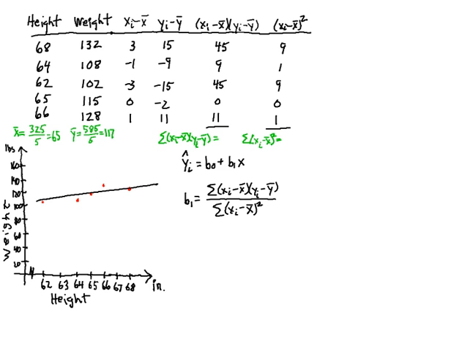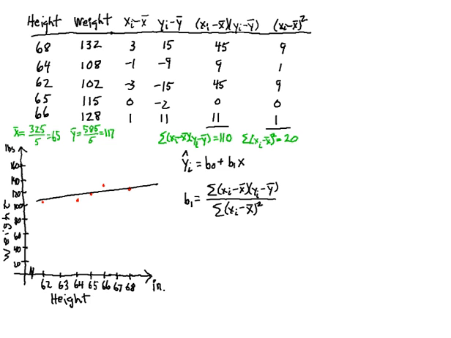Adding these last two columns together, I will get 45 plus 9 plus 45 plus 0 plus 11 is 110. 9 plus 1 plus 9, 0 and 1 adds up to be 20.